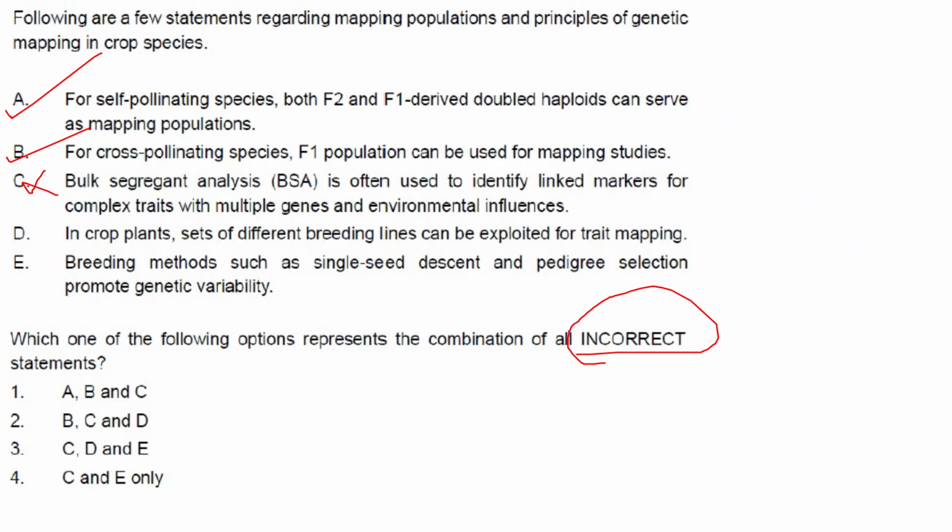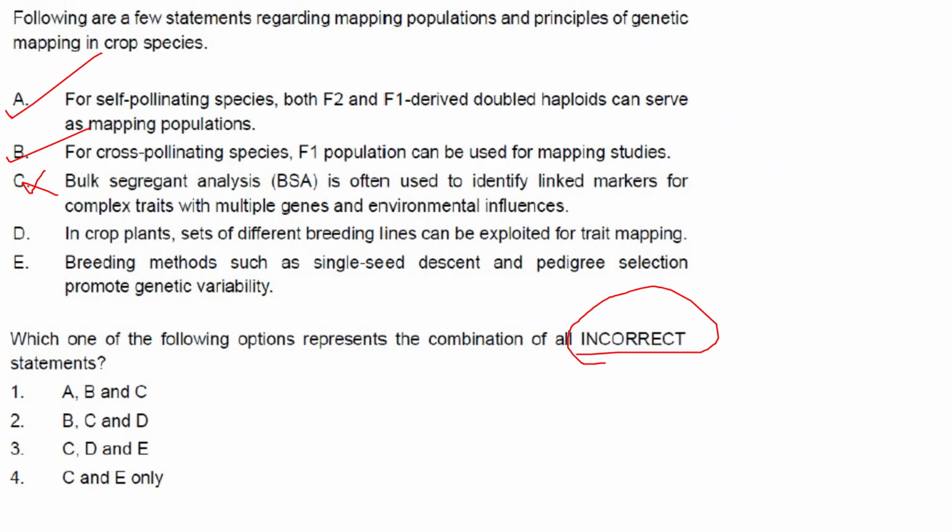One gene will contribute more to height, another gene will contribute only intermediate amounts, and another gene will contribute high amounts to the height of the individual. So you cannot use BSA for complex traits controlled by multiple genes.